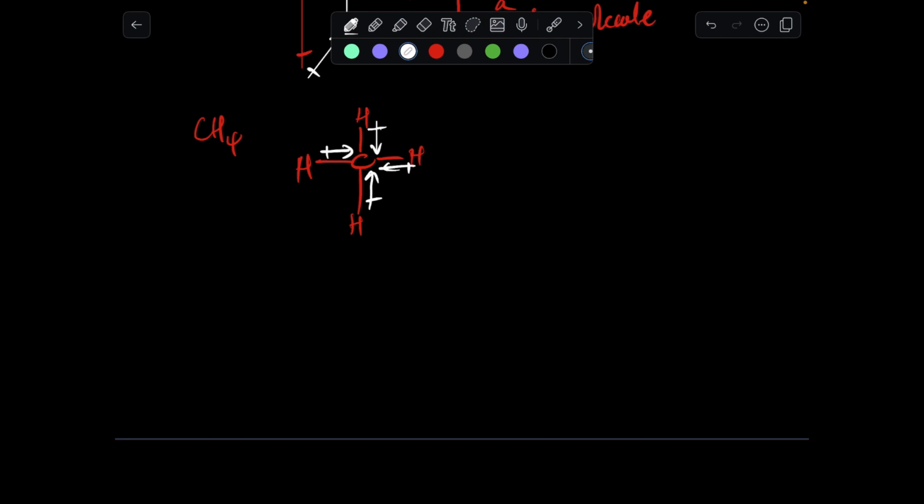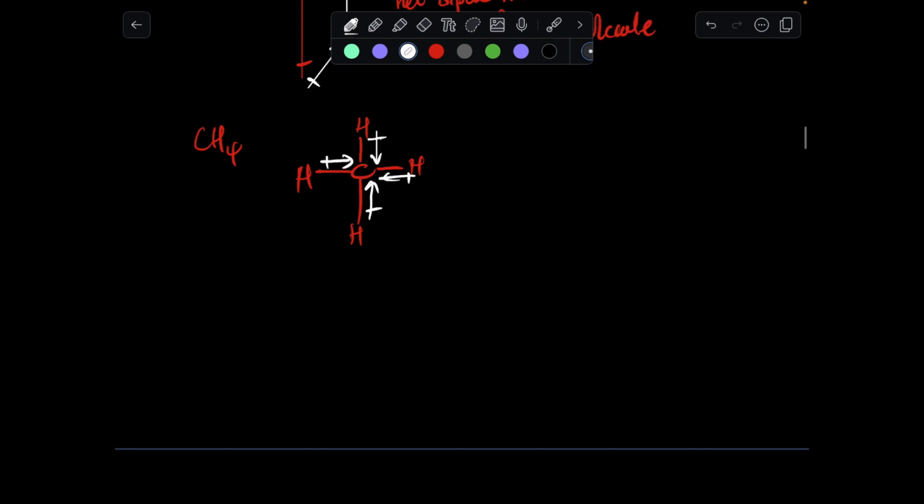If you draw a vector diagram of this, the carbon will be slightly negative, and the hydrogens will be slightly positive, right? When I draw the vector diagram, I'll start with this one and go to this one, then this one.